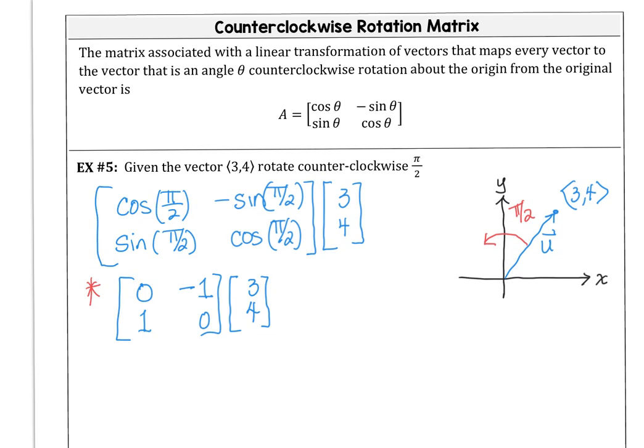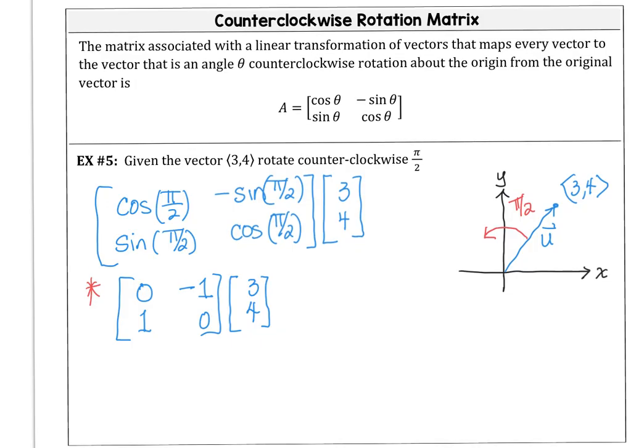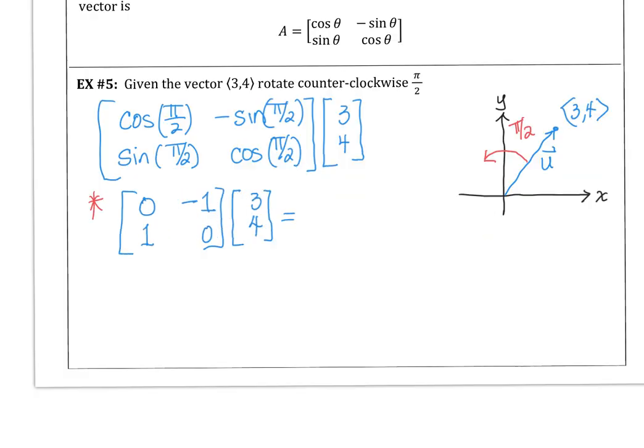Moving through the multiplication here, 0 times 3 and -1 times 4 gives us 0 minus 4, and then 1 times 3 and 0 times 4 is going to give us the rotation -4, 3.